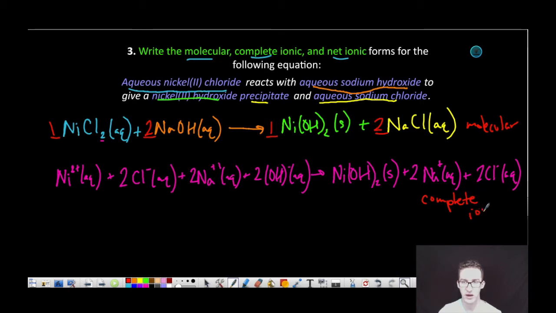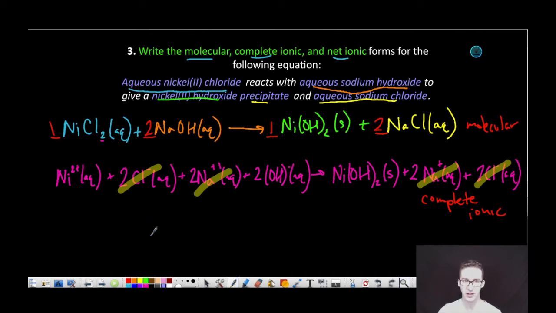or total ionic equation. And then to determine our net ionic equation, you just want to do a quick peek here and see which ions you have in solution on both the reactant and product side. Those would be our chloride and sodium ions.